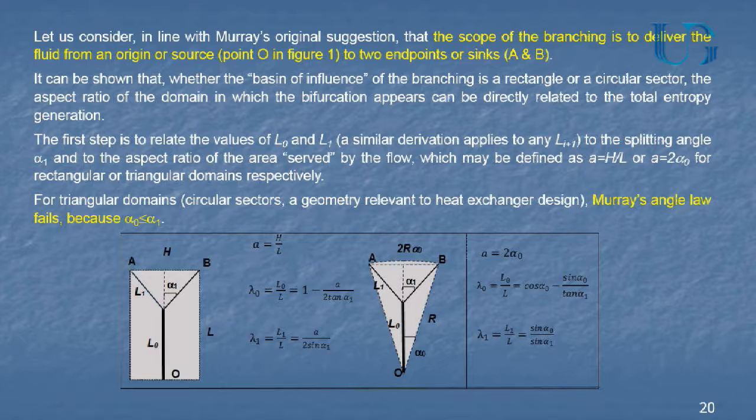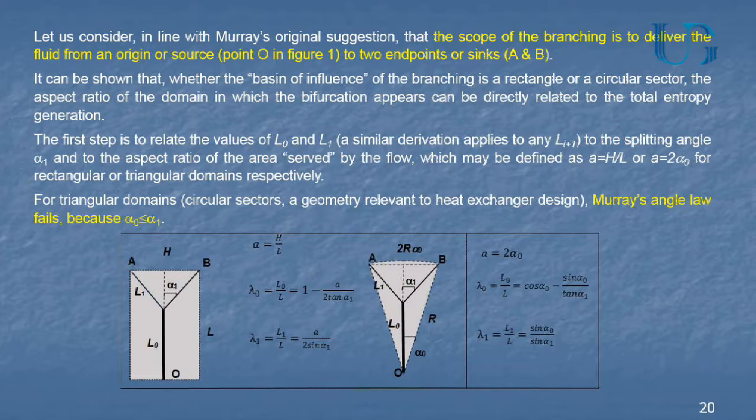Well, the same applies for triangular shapes, as Hess assumed. The strange thing is that by using elementary trigonometry, you can relate L1 and L0 to alpha 1, the half angle of bifurcation, which I call the angle of splitting, and to A, which is the aspect ratio of the domain. This is not an allometric law. This is a trigonometric law.